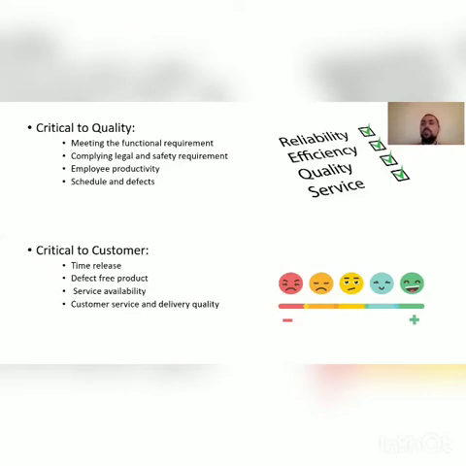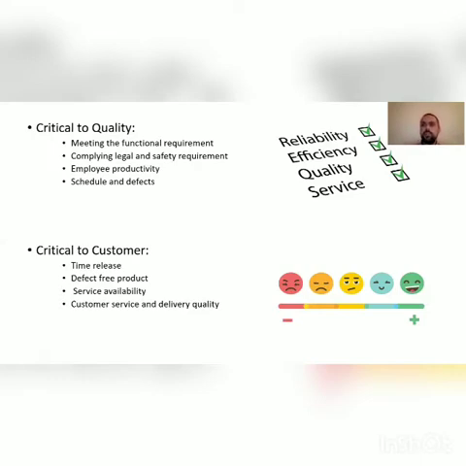Or probably they don't pay attention to how many defects happen in the production line in the factory. But we should pay attention that employee productivity, schedule, and the number of defects in the production line are the factors which are related to the quality. So, employee productivity and the schedule and defects are called critical to quality factors.